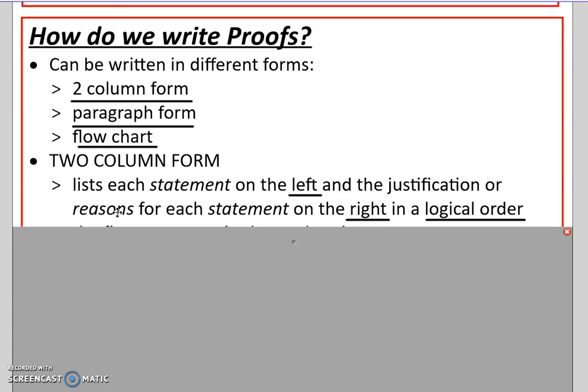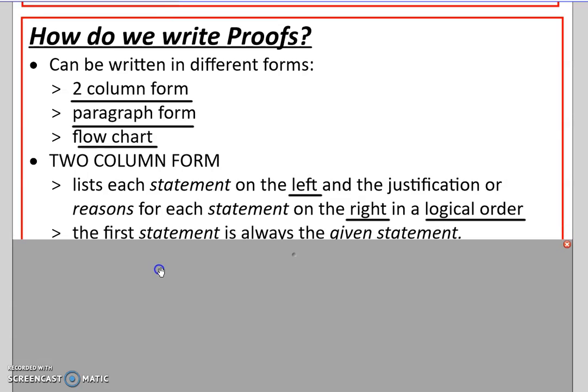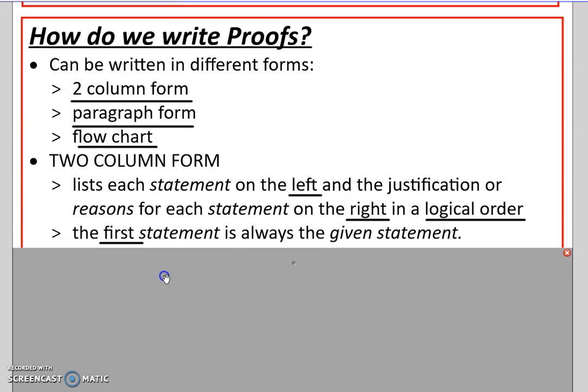Okay, so in the left we have our work. This is the work that we're doing, and on the right we have why we are doing that work in a very logical order. Okay, the first statement and the last statement are the easiest ones because we already told what they are supposed to be. The first statement is always the given statement.